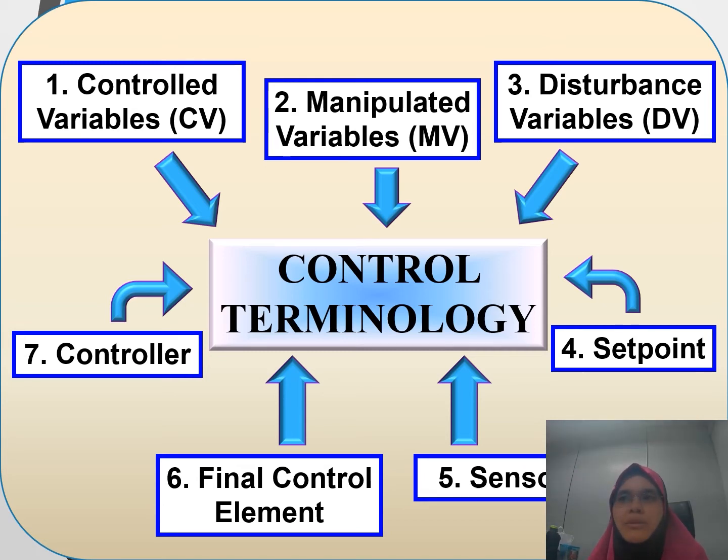So choosing a control variable for your equipment, you have to understand what is the function of your equipment. For example, your reactor, for the reaction to take place. Okay, so at what temperature should your reaction take place? It's not the same between the groups.